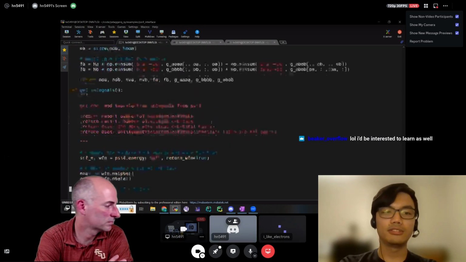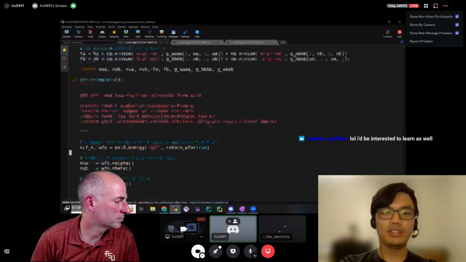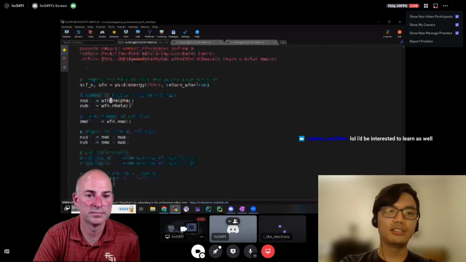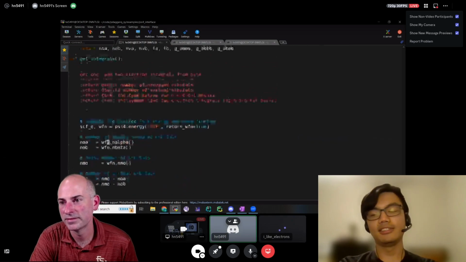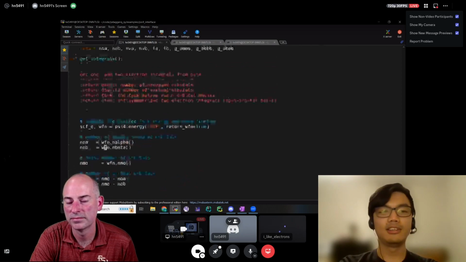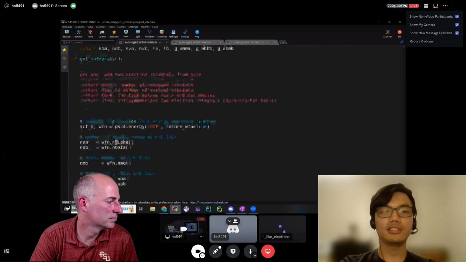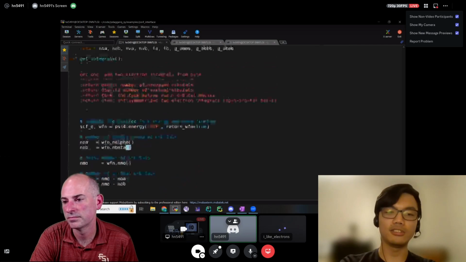As you can see, in the get integrals function, I basically just add another variable, or I split the case. Now we have NOA and NOB, which is grabbed from the wave function object from Cipher, and N alpha and N beta are the number of alpha and beta electrons.